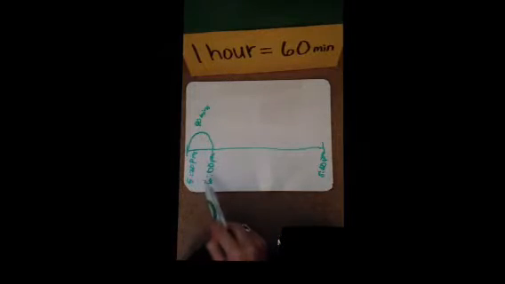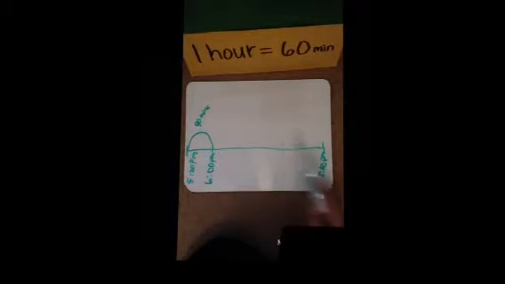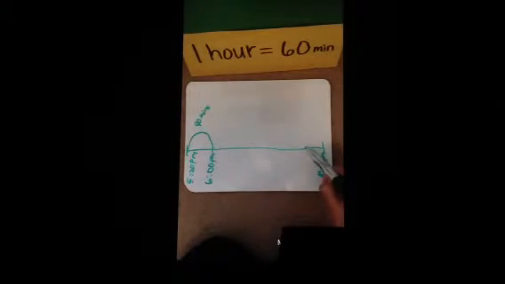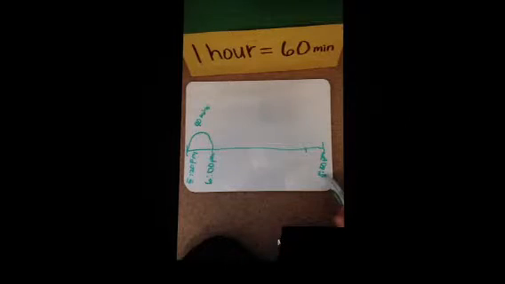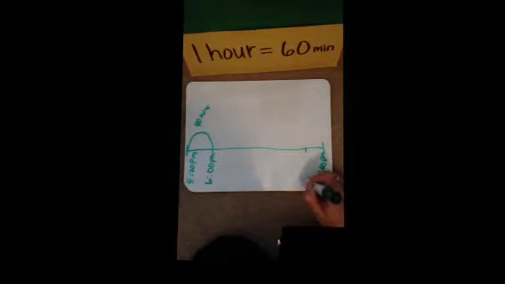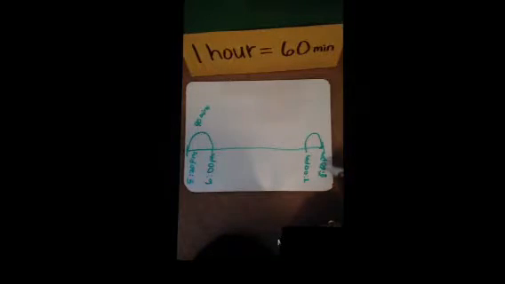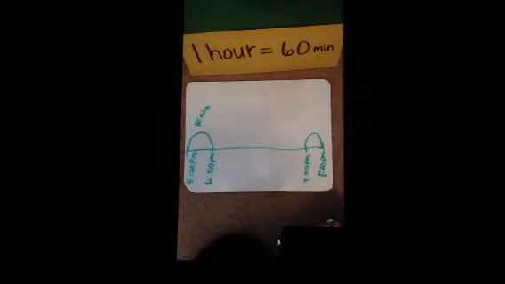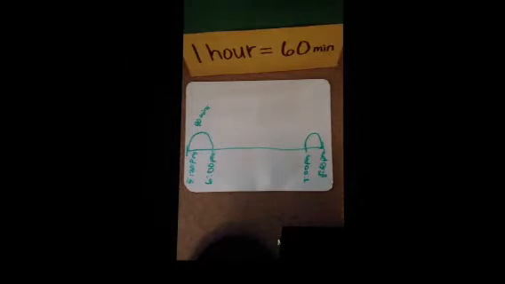Now, if we use the same concept here, only we work backwards, what's the hour before 8 o'clock? 7. 7 p.m. To get from 8:30 to 7 p.m., we had to work backwards.